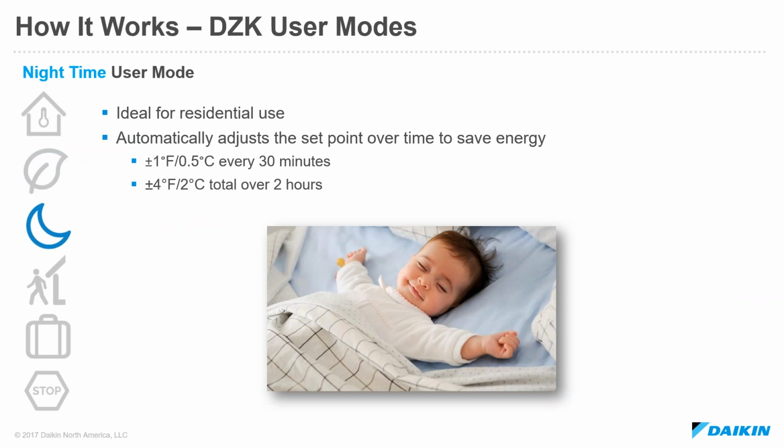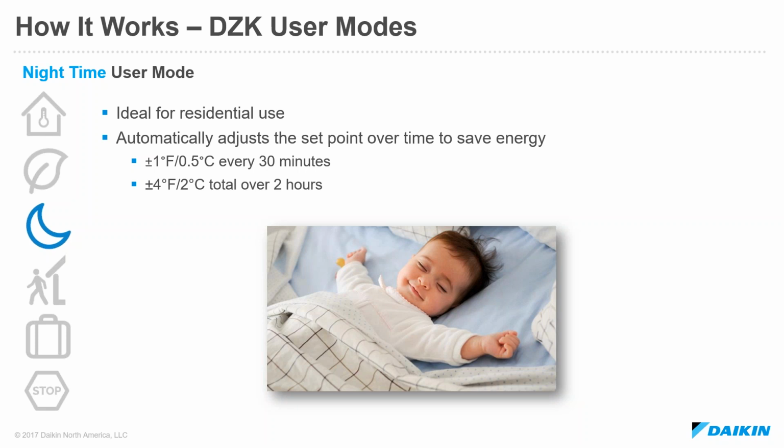There's a nighttime user mode. This is probably more specific only to residential use, but the nighttime user mode is used to save energy by setting back the set point over time. When the nighttime user mode is initiated, every 30 minutes the DZK will adjust the set points of the zones by 1 degree.